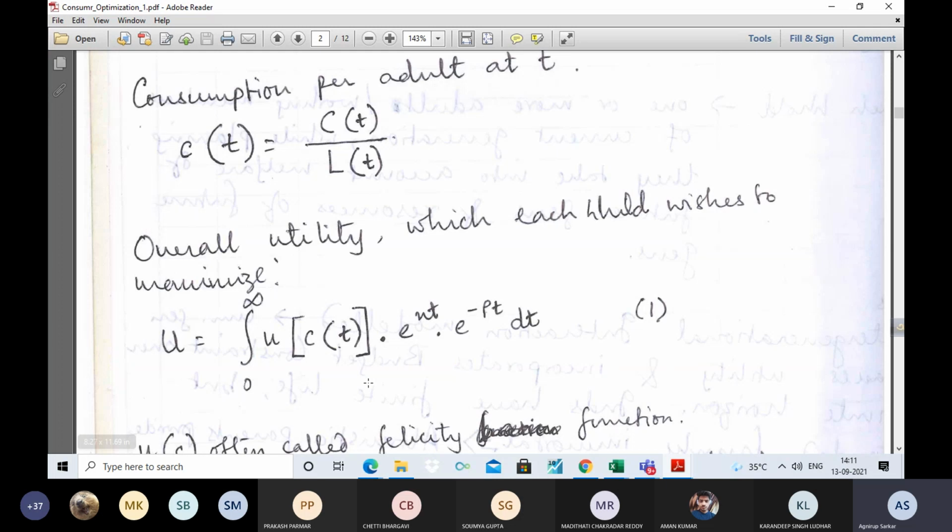So what's the implication of this? We went through this in the last lecture. It basically assumes that the household's utility at time 0 is a weighted sum of all future flows of utility, which is small u of c_t, right? So these are all the future flows of utility. Okay, so this function is often called the felicity function.